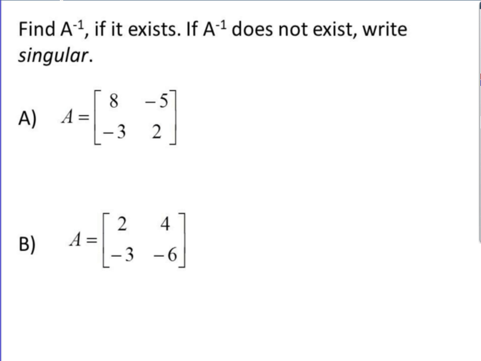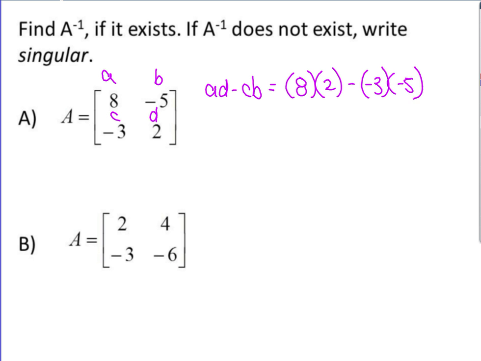So if we need to find the inverse matrix, the first thing we do is make sure we can find the inverse matrix. So we're going to do AD minus CB. Remember, this is A, B, C, and D. So we're going to do 8 times 2 minus negative 3 times negative 5. This gives me 16 minus 15, which is 1.